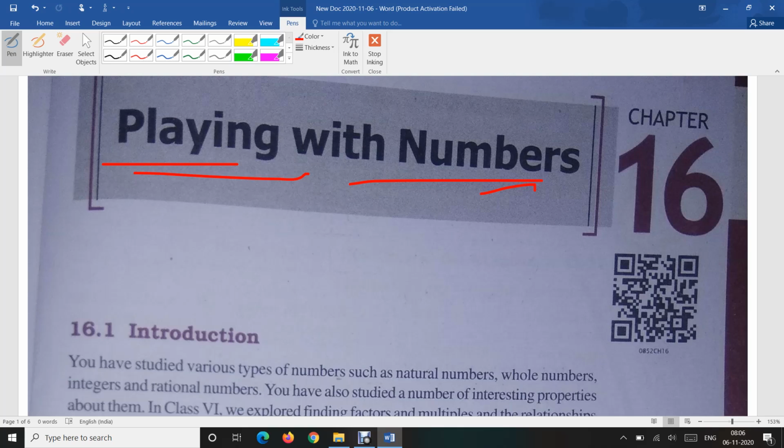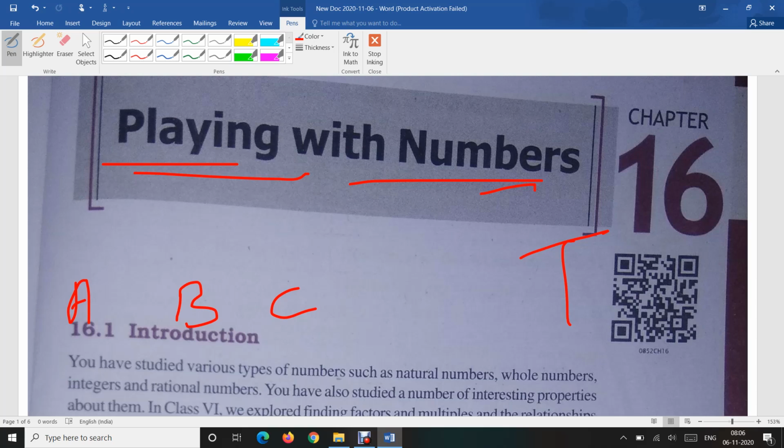Suppose there are three students, A, B and C, and here is the teacher. Let us denote the teacher by T. The teacher asks these three students a puzzle. Suppose the teacher asks each student to think of a number.